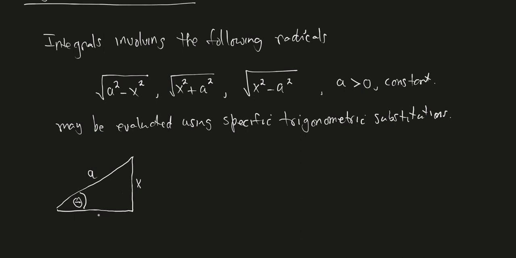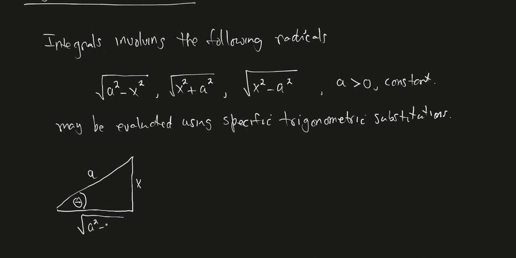Then if I say, well, what is the length of the missing side, right? Then I would take my hypotenuse squared minus my opposite squared, and then I would have to take the square root of that. And I would end up with this very same expression, right?